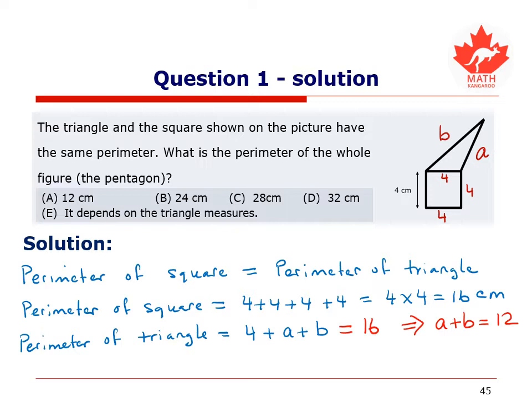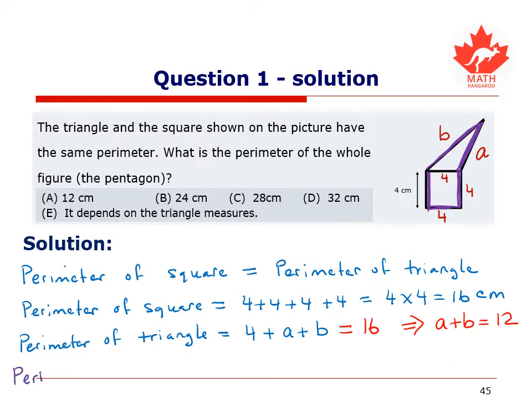Remember, the objective here is to find the perimeter of the figure, which is the outer shape. So it'd be the distance around the outside. We can now calculate that.